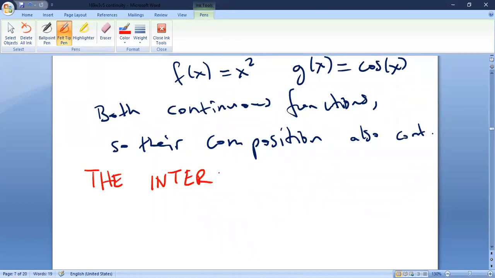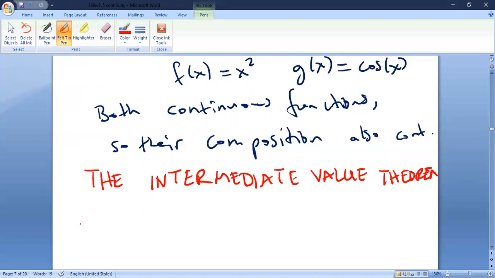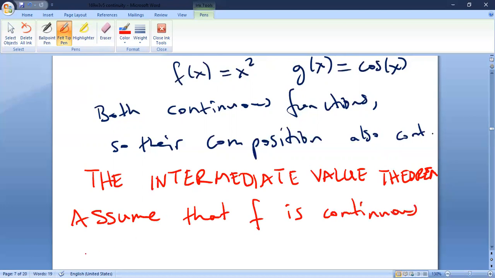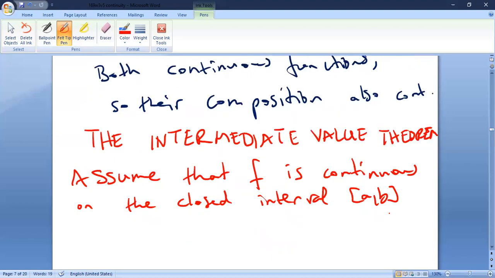And then there is one last thing, intermediate value theorem. This may have some nice applications again. You may have heard about this. I'm going to show what it means after I say what this is. It says that suppose f is continuous on the closed interval A to B. So A and B are included.